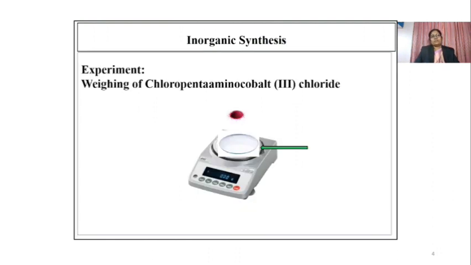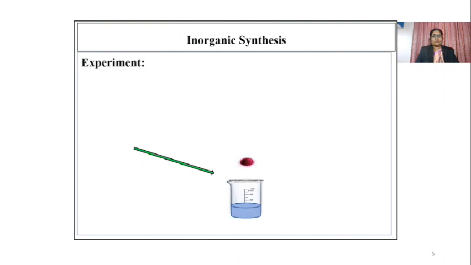The first step is to take the weight of chloropentaamino cobalt 3 chloride on a watch glass. Then transfer this weighed 2 gram sample in a 100 ml beaker which already contains 13 ml liquid ammonia and 40 ml distilled water.